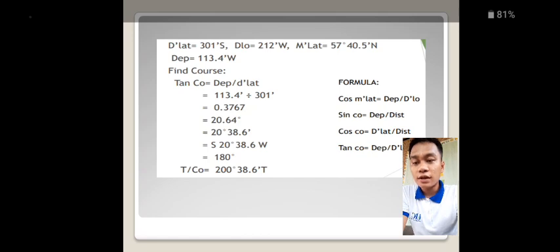So 212 minutes times cosine 57 degrees 40.5 minutes is equal to 113.4 minutes. Our departure is 113.4 minutes west.